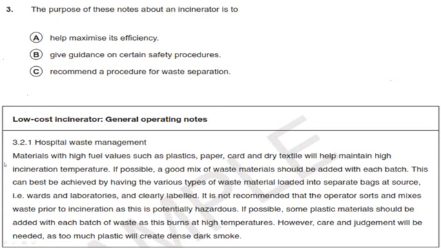Start reading from the last two lines. Some plastic material should be added with each batch of waste as this burns at high temperature. Care and judgment are also needed as too much plastic will create dense dark smoke. Because adding this plastic material will increase the efficiency of the incineration.